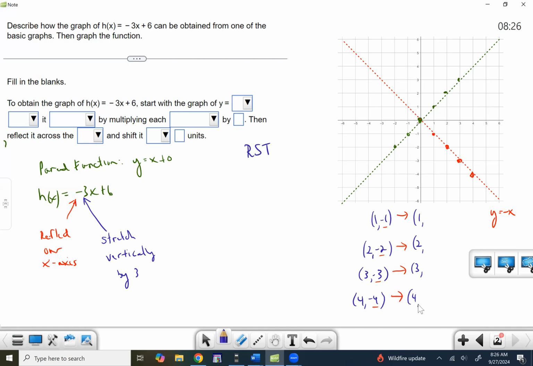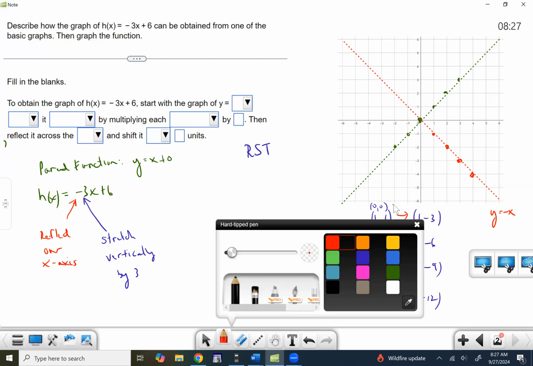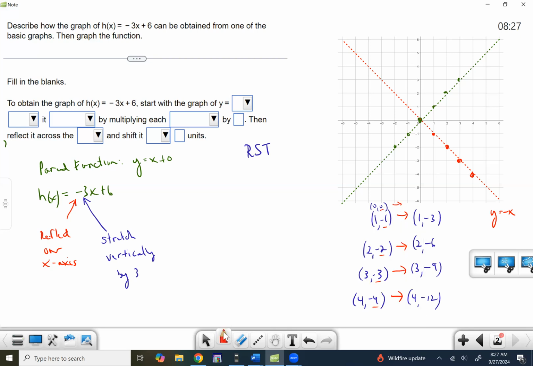All right, so if I multiply negative 1 by 3, I get negative 3. Negative 2 by 3, I get negative 6. And you know what? We're going to be off our chart here on these other ones, okay? So I might also just take 0, 0. So if we multiply the y coordinate by 3, it's still going to be 0, 0.